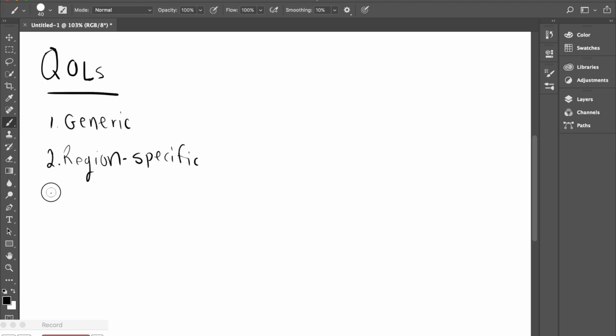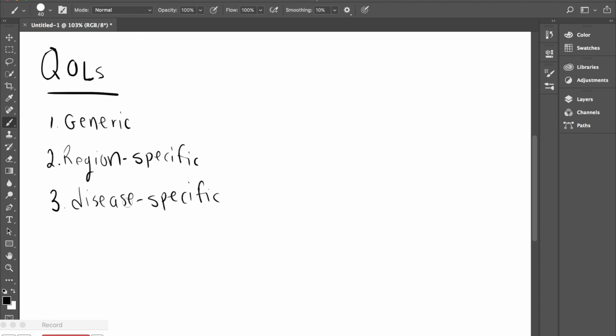And finally, we have a disease-specific questionnaire. Disease-specific questionnaires are basically the most sensitive to change. These are quality of life questionnaires that are relevant to only a specific disease, right?